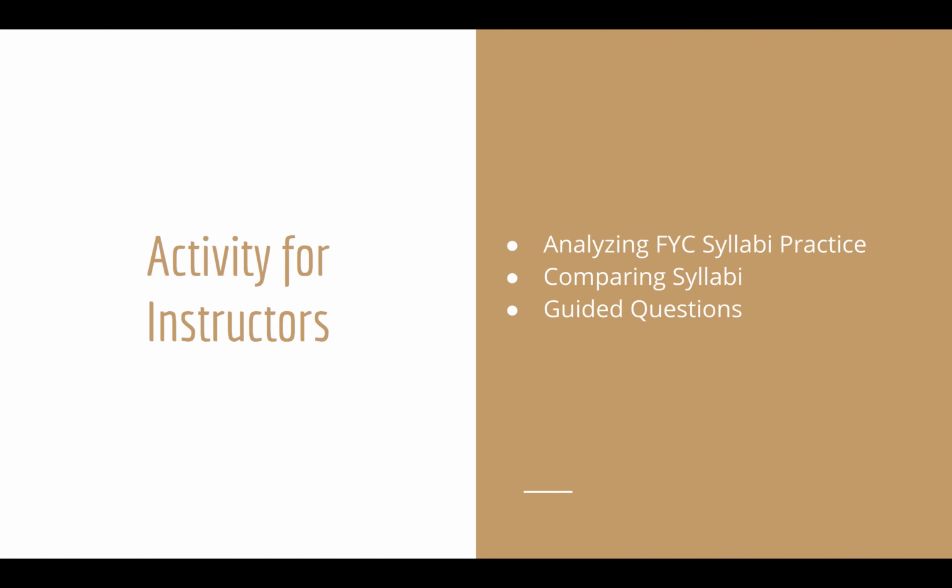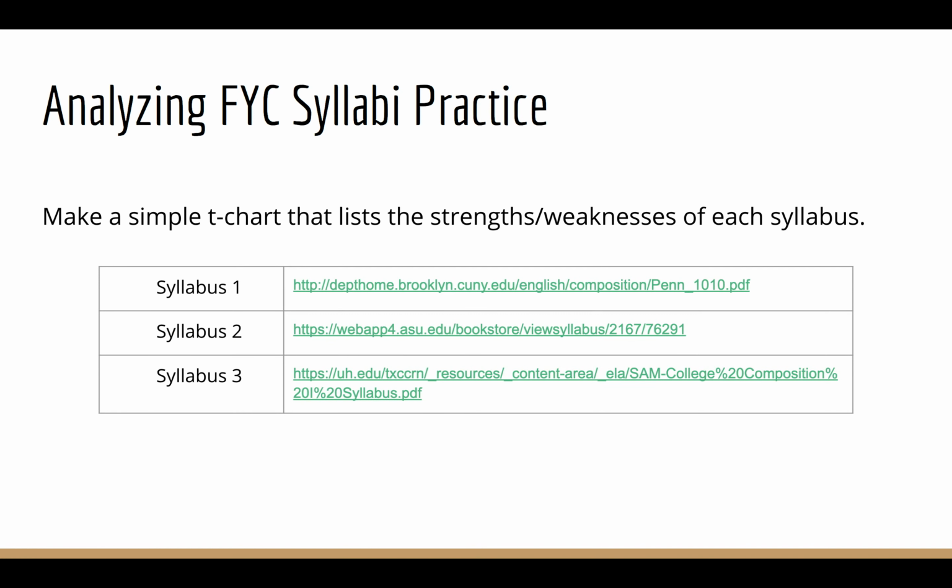I start off by including an activity for instructors. One, we analyze FYC syllabi, two, we compare the syllabi, and three, we practice with guided questions and really think about what's on the syllabi and our understanding of what the instructors are trying to accomplish through the given tasks. So this is just a couple of examples that I was able to find online.